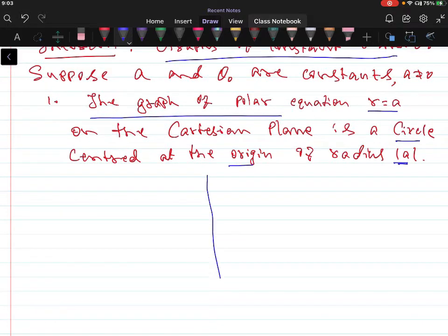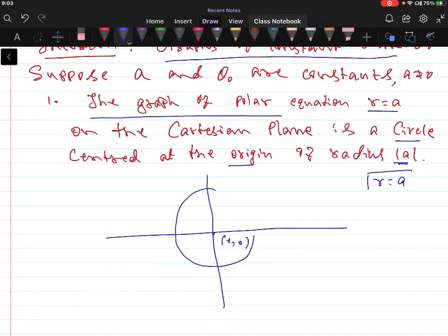Geometrically we can see that. So r is equal to a is a circle with the center at the origin and radius modulus of a.